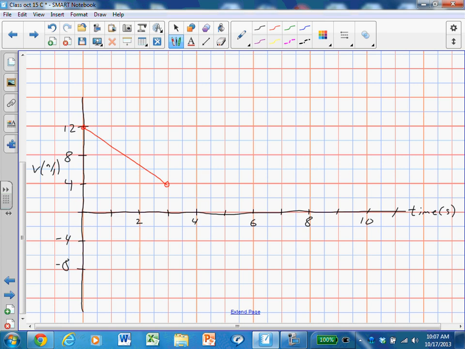And then for the next 1.5 seconds, it goes down to 0. We'll do that blue. And then in the next 3.5 seconds, it goes down to -8. We'll make that one purple.